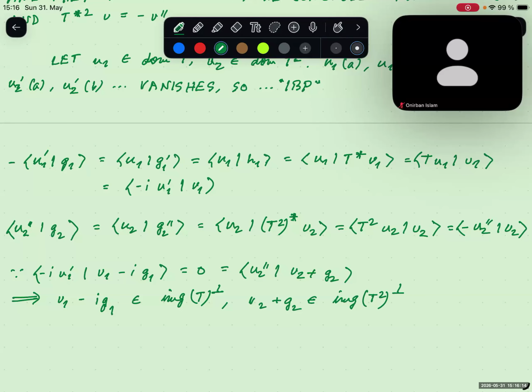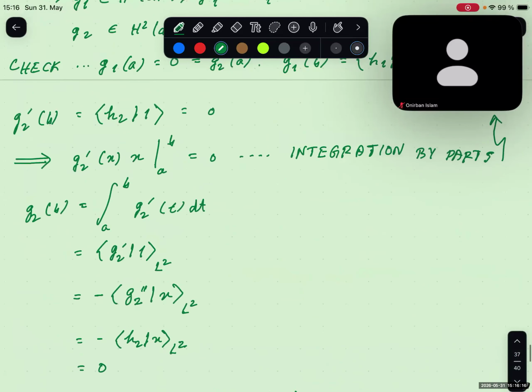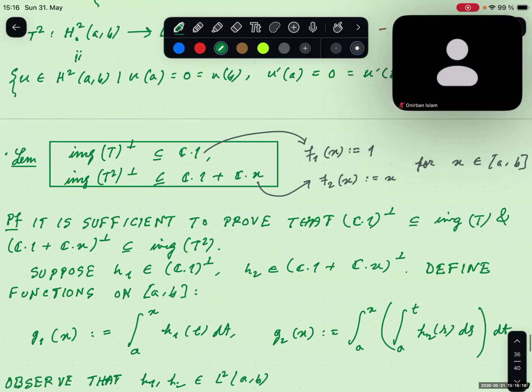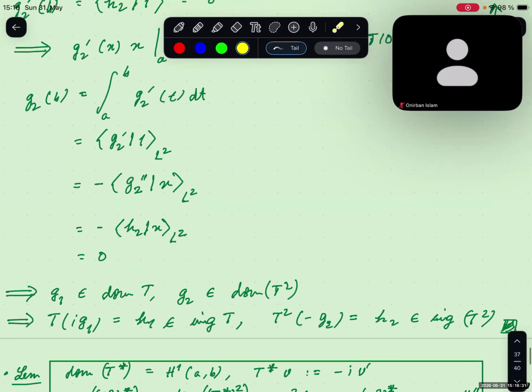And let me just remind you, we have also shown that this is C1 and this is C1 plus Cx. So that means those elements are also like these functions.